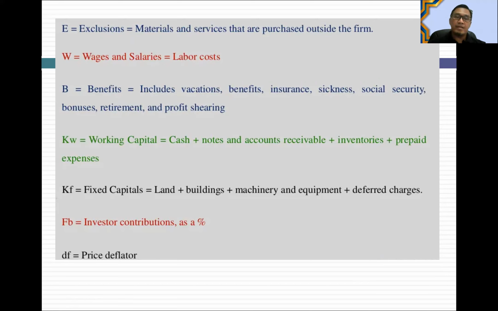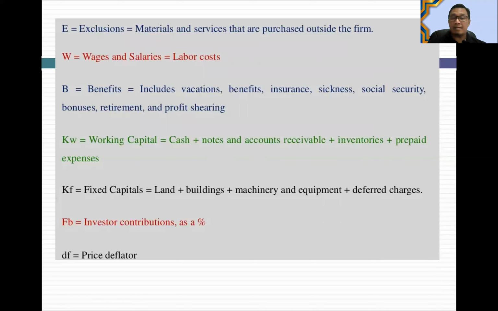So if you work in a particular company and they pay your insurance, for example, that's a kind of benefit. If we work in a particular company and they cover our healthcare costs.